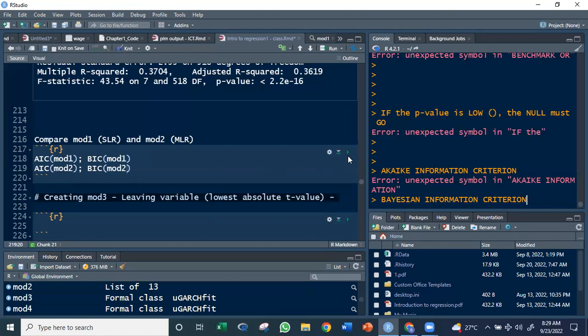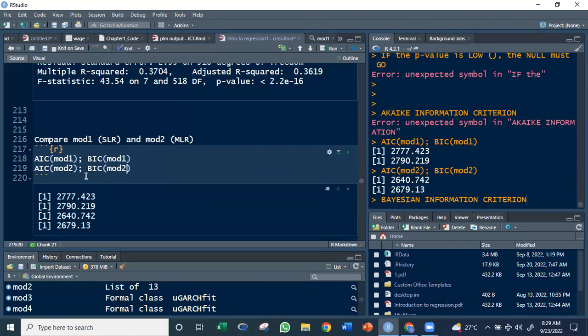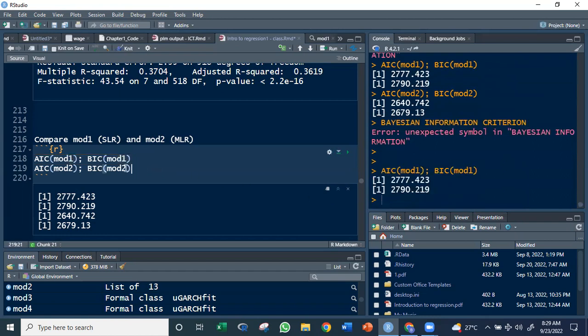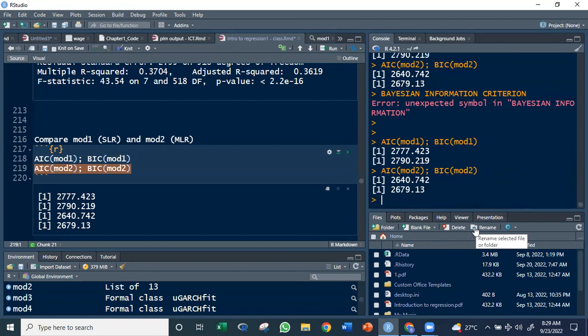So if I run this, you can see that the AIC for model 1 is 277. Maybe it's better to put it here so we can see the comparison. I should have put the AIC together.